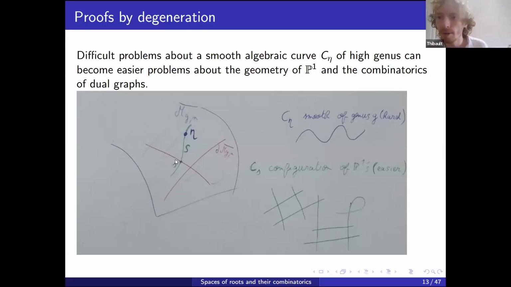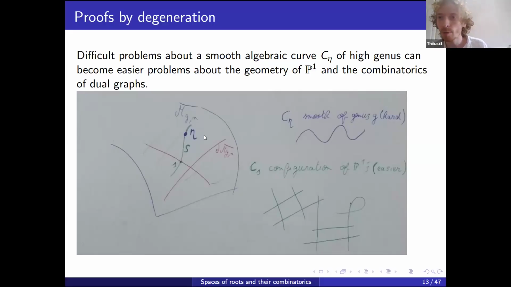And imagine that your problem has some topological niceness such that you get to bring it with you along this path. Then you can turn your question about the curve C eta into a question about the curve CS that is at the boundary.